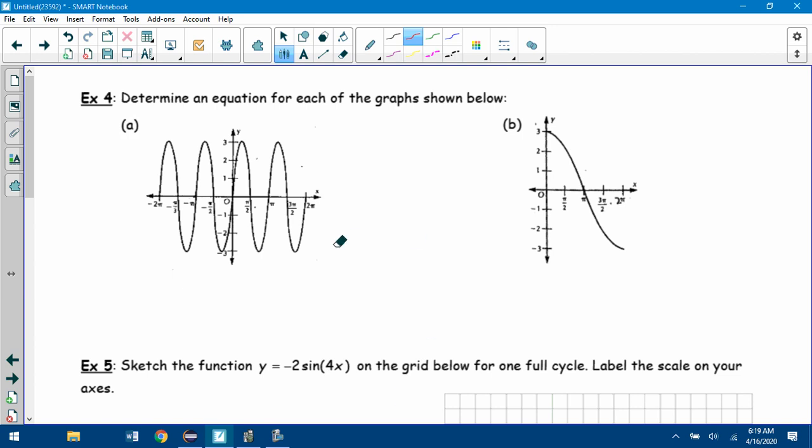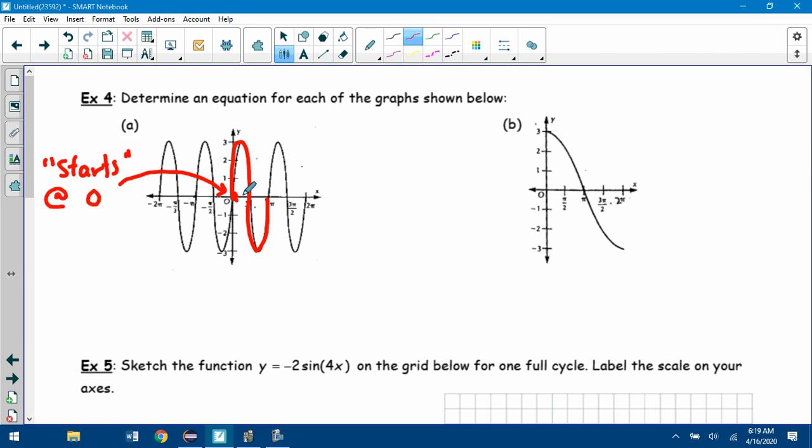Look at this first graph. Where does it start? So when I mean start, look at the beginning of a cycle. So here's one cycle. I go up, I come down, and I come back. That's one cycle. So I would say this cycle starts at 0.